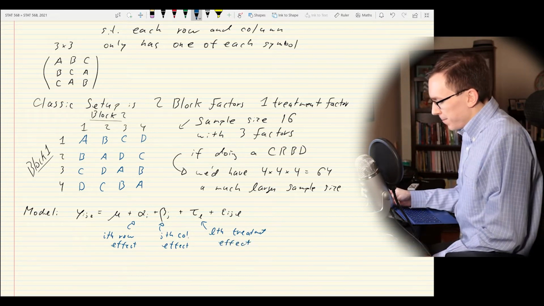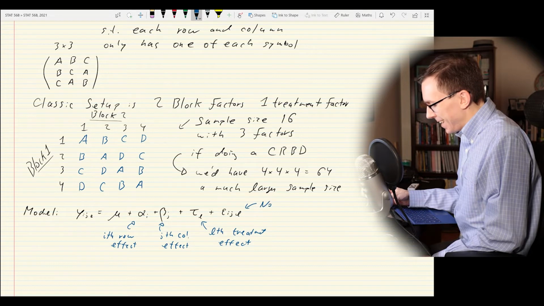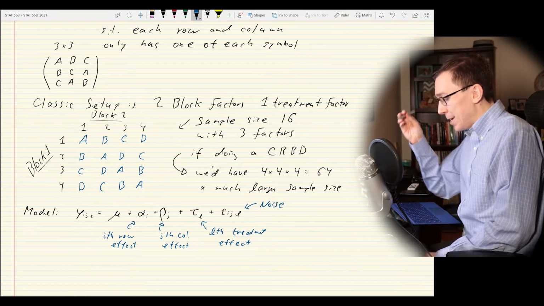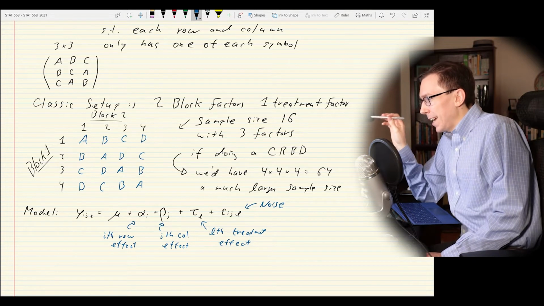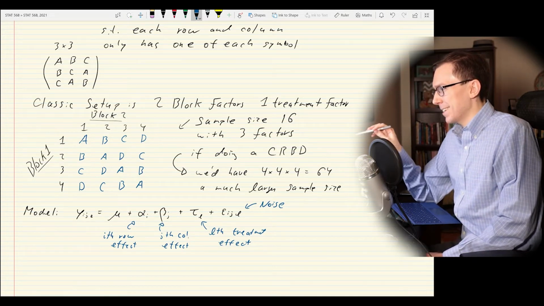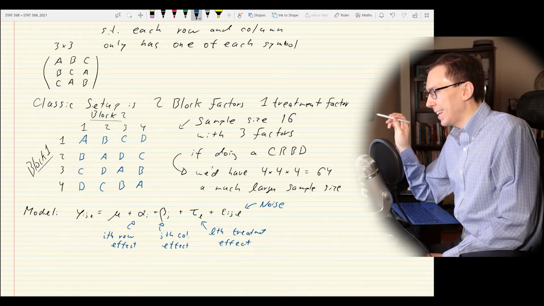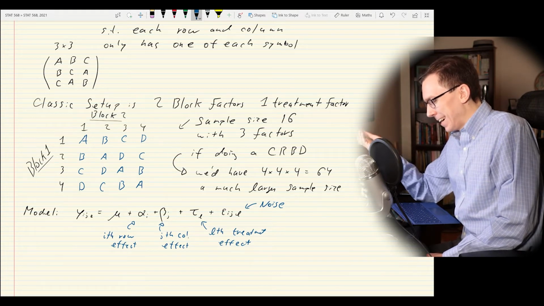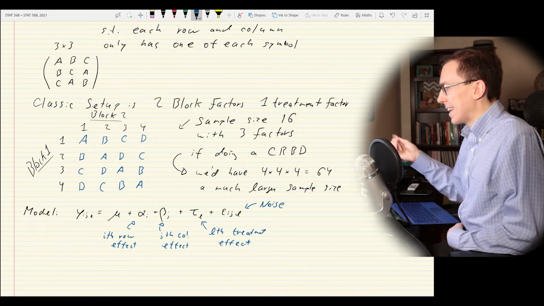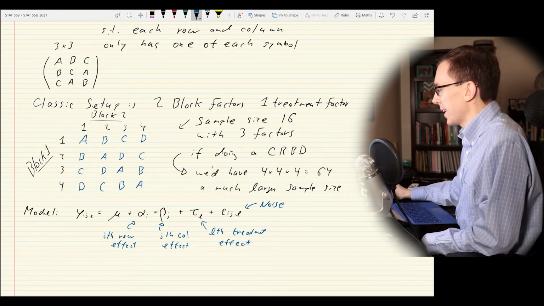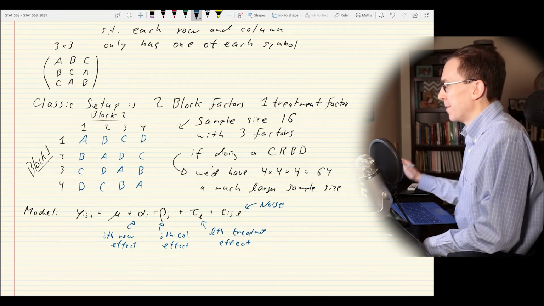And then, of course, noise, epsilon_ijl. Just note, though, that not every index combination of i, j, and l exists. So it's a little bit different than last time, and the sum of squares will reflect that.